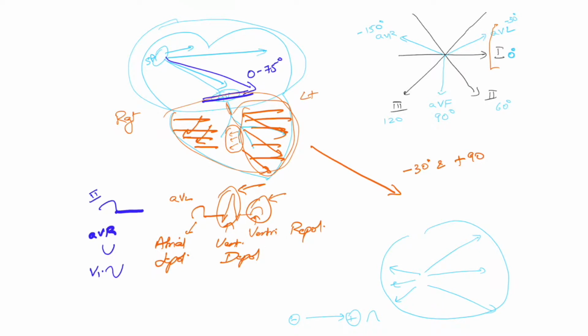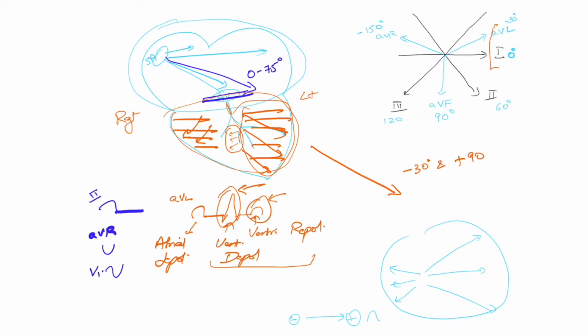The reason is that, as a general dictum, the cells that depolarize last are usually the first to repolarize. So depolarization and repolarization travel in opposite directions, and so both of them appear positive.